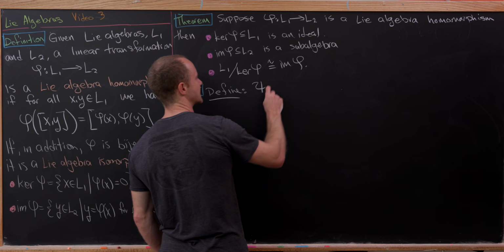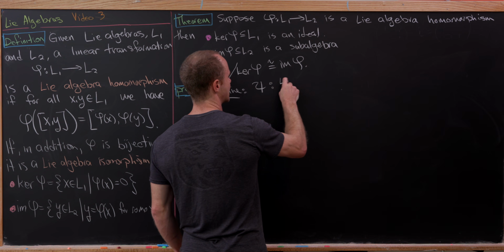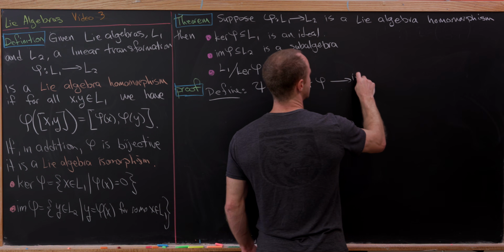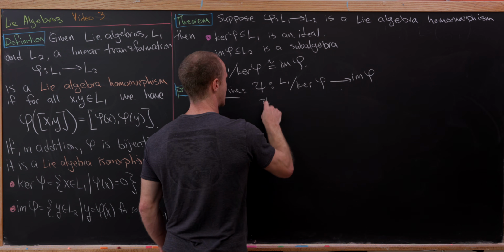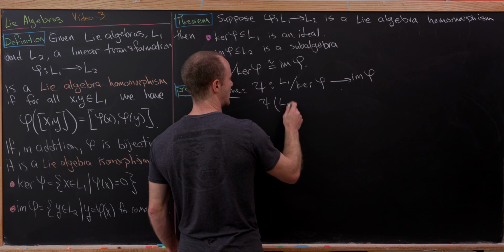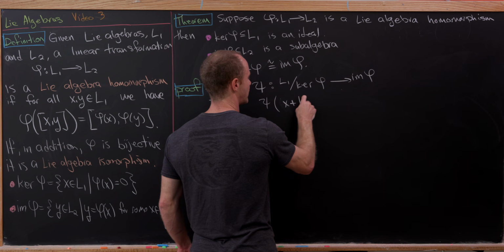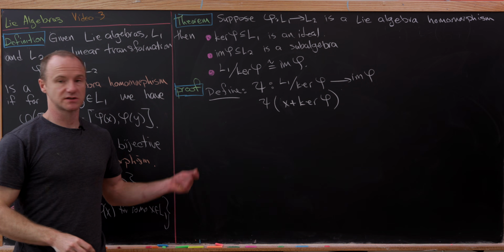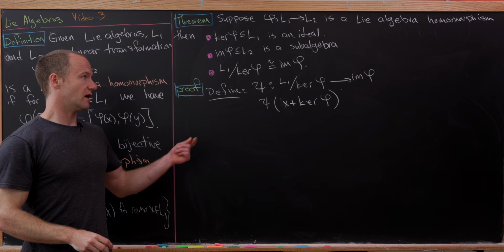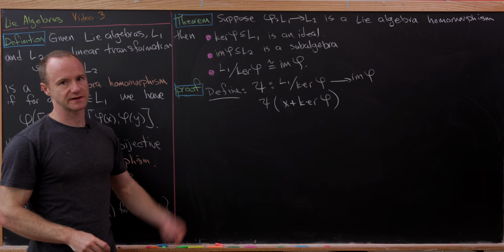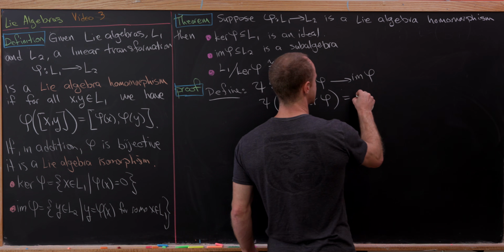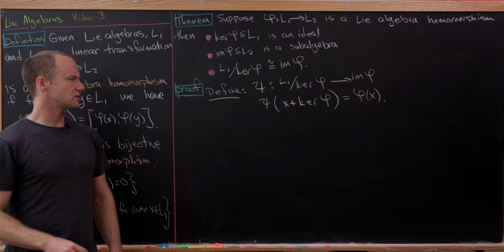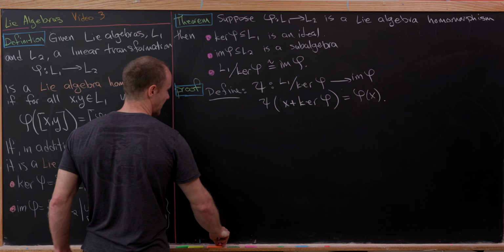So we're going to define something that I'll call psi, and it goes from L1 mod the kernel into the image, and it's defined by psi of x plus the kernel of phi. Remember that it's got to act on a coset. So elements of L1 mod kernel phi are cosets of that form, and it's going to be sent to phi of x.